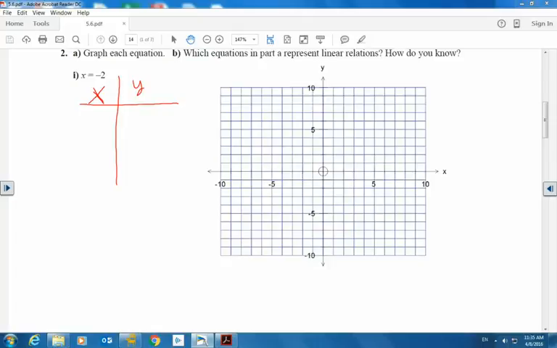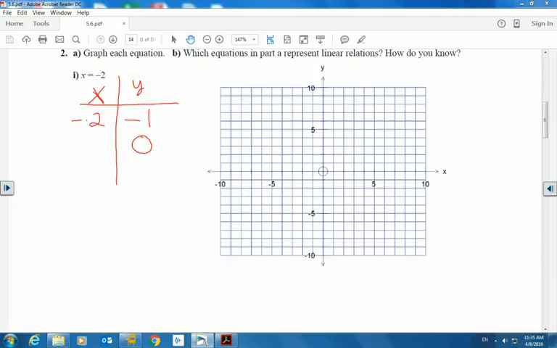So what are my only numbers for x that I'm allowed to choose? -2. It says x is always equal to -2. I could have a value of -1 for y. What if I had a value of y equals 0?